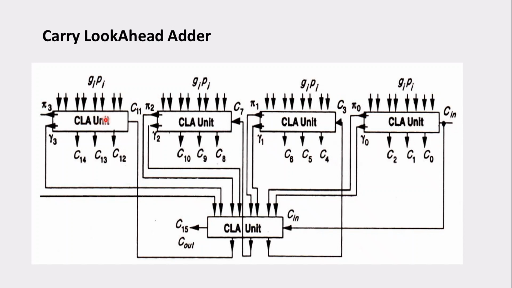Since it is getting complicated, I can take the outputs of these and name them phi 1 and gamma 1. These I'll give to another carry look ahead adder as well.